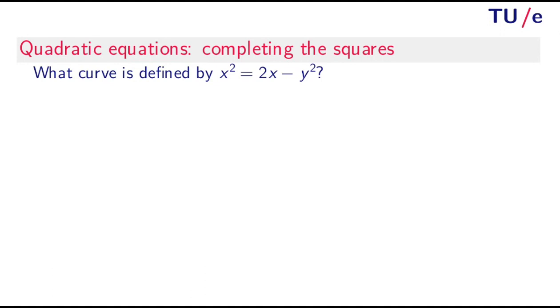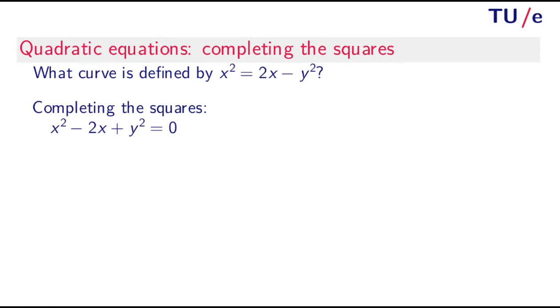Completing the squares gives us a method to decide whether we are dealing with an ellipse, a hyperbola, or a parabola. Here is an example. What curve is defined by x^2 = 2x - y^2? Completing the square will give us the following.